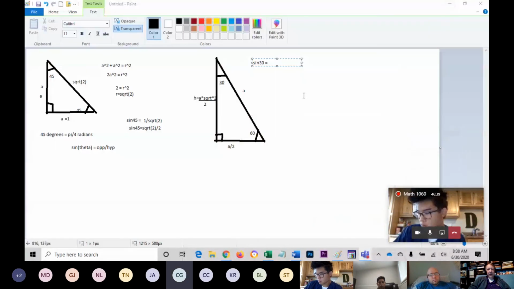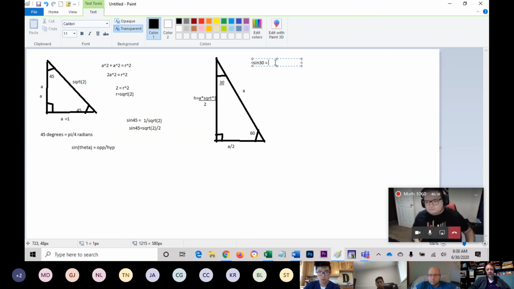So Cassie, based on this 30, 60, 90 triangle, can you tell me what the sine of 30 degrees is supposed to be? Do you remember what the sine is with a right triangle?